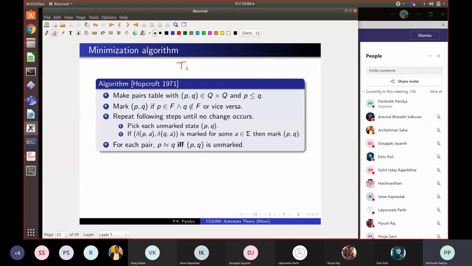He gave this algorithm in 71. And one of the books we are using is by Hopcroft, Motwani and Ullman, right? Ullman also went on to get his Turing Award. So all these works are by very famous scientists. Turing Award is like our Nobel Prize in computer science. And this is Hopcroft's algorithm.